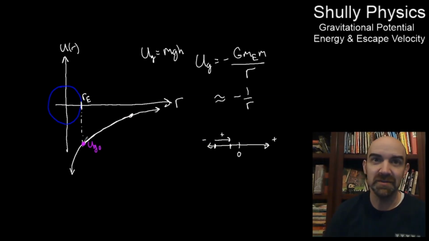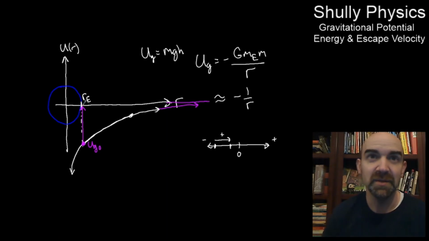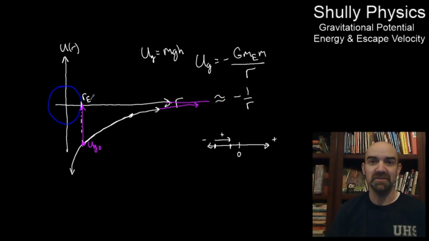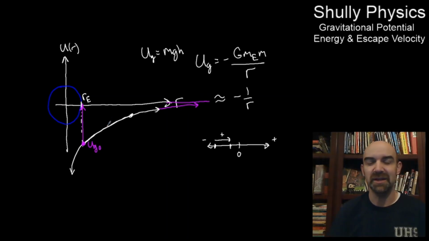You've got to lift up the object at least this far energy-wise in order to get up over this, what is that, an asymptote that's approaching zero? That's right. If you bring this potential energy and add kinetic energy to it so that the total energy is zero, then you will have escaped Earth's gravitational pull. You'll have enough energy to get out.